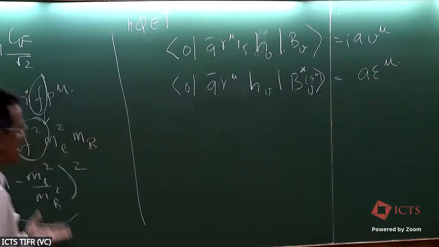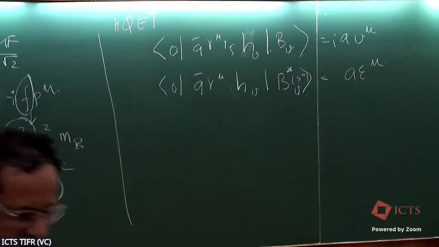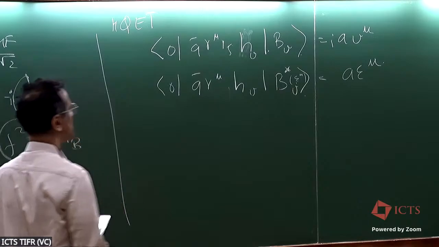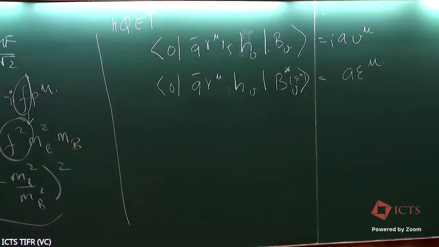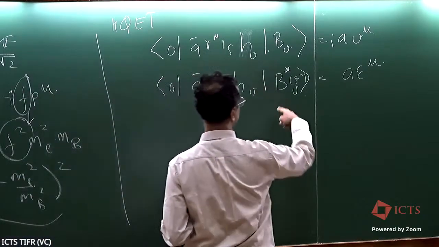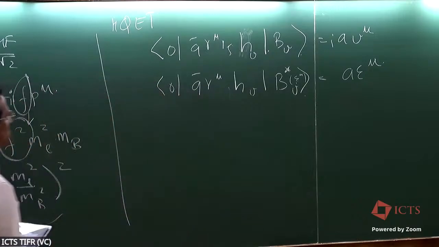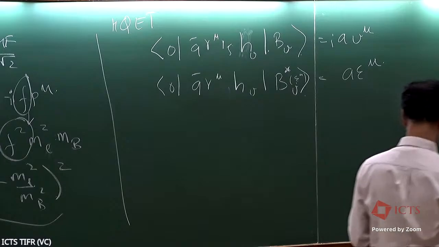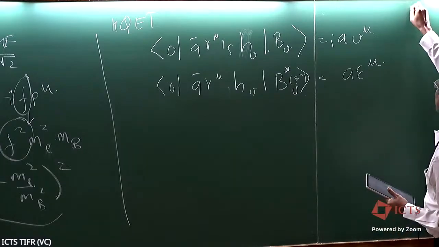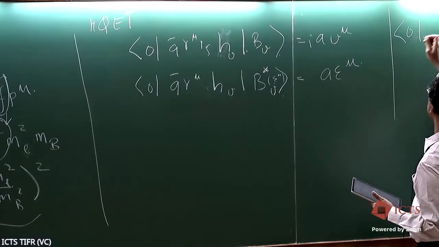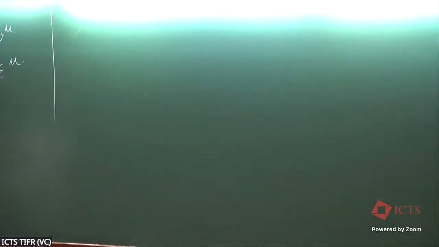And this really is the only possible structure that you can have. So what this does is relate matrix elements of these currents for various states. But that's not all. If you have this matrix element for D instead of B, so let me not write it again.